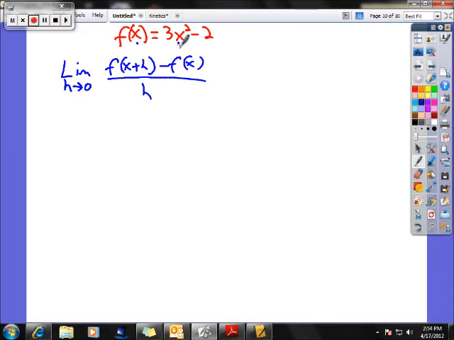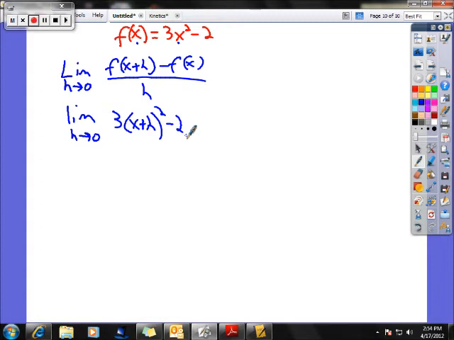So f of x plus h means we keep this 3, put x plus h in where that x is and square that, and keep that minus 2. It's just putting x plus h in instead of x. Always use parentheses when you do it.